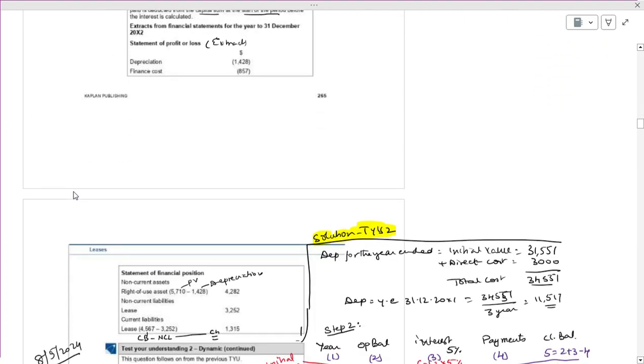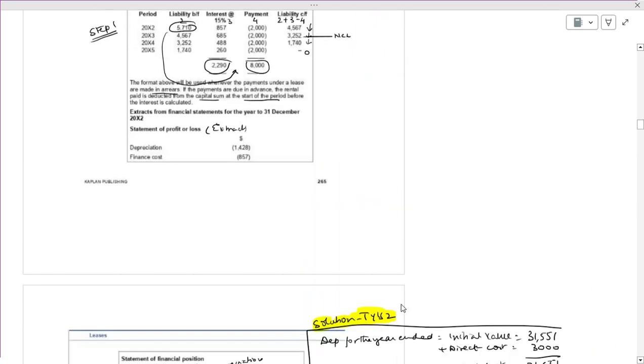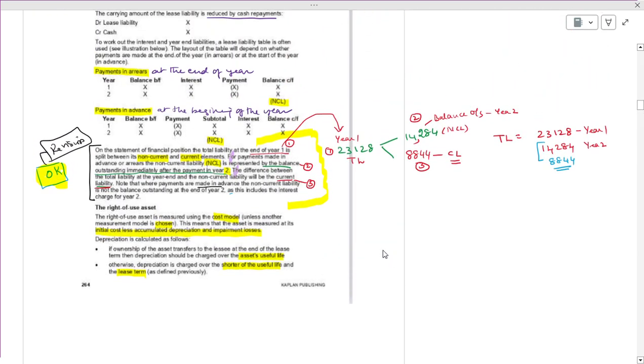How much is in the statement of financial position? In the statement of financial position, how much will we show as non-current liability? Just keep this.